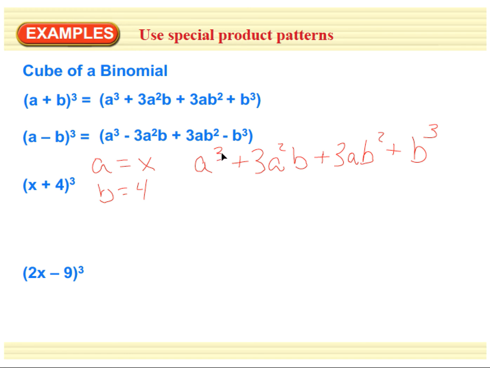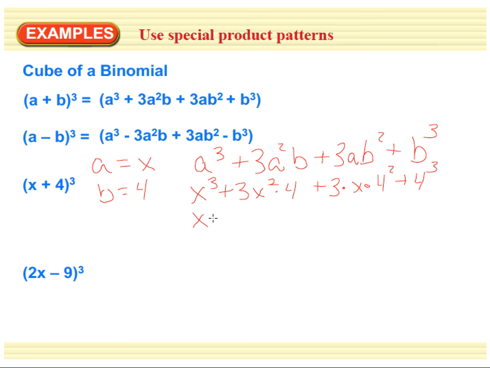Notice how the powers on the a go down, 3, 2, 1, and the powers on the b go up, 1, 2, 3. So we're going to go x cubed plus 3 times x squared times 4 plus 3 times x times 4 squared plus 4 to the third power.